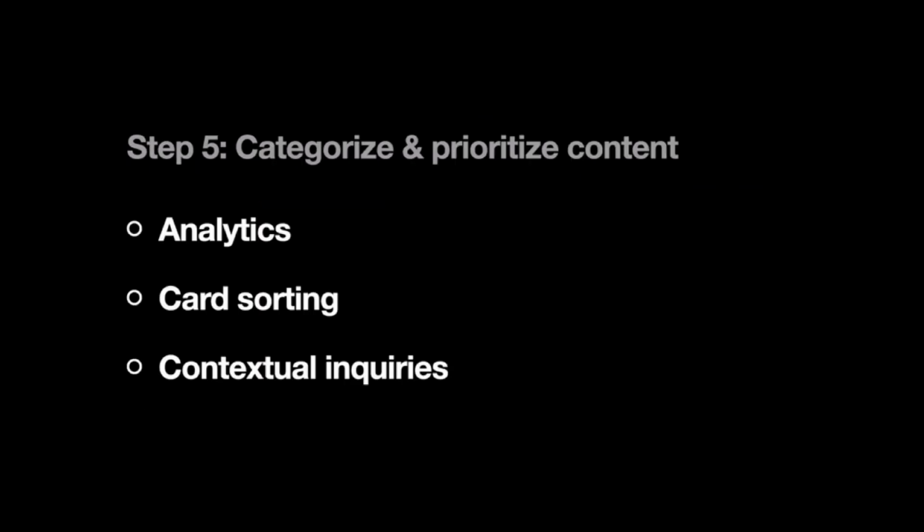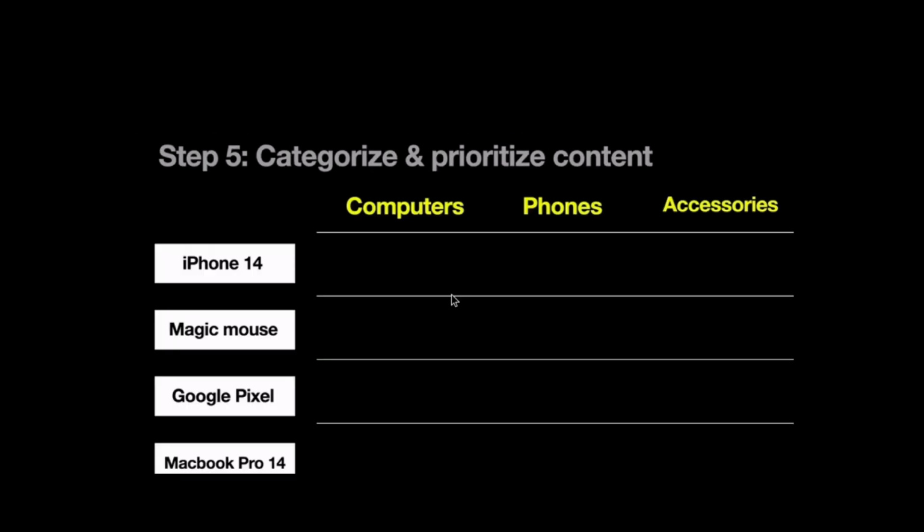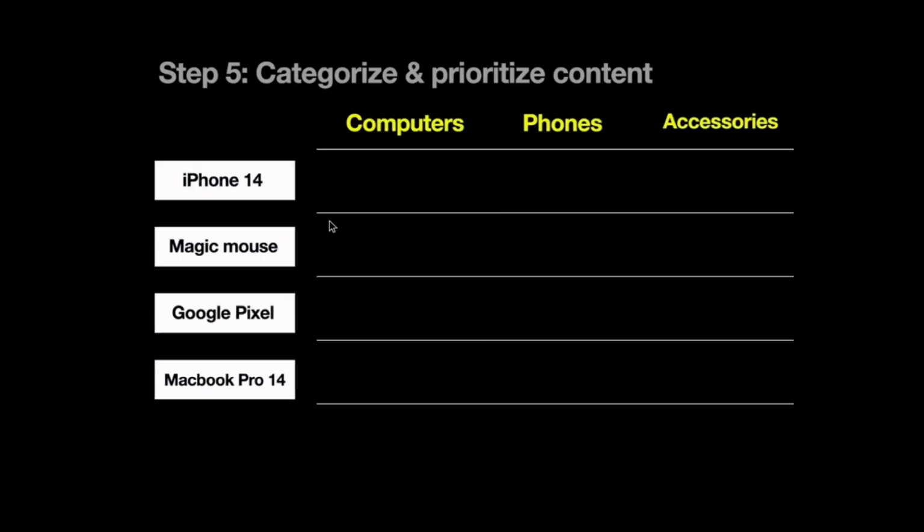Another thing is to categorize and prioritize your content. You have to analyze and do something called card sorting. Let's say, for example, you want to create an e-commerce site where they sell computers, phones and accessories. When you list out all the things you'll be selling, which are iPhone 14, Magic Mouse, Google Pixel and MacBook Pro, you need to make sure that you arrange these elements under categories where the user can actually find them.